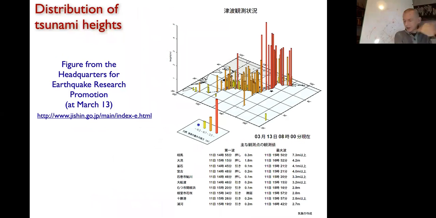Okay, starting from the collection of heights collected along the Japanese coast, the collective image in the days after that event, for example, here you see this sketch that has been plotted just a couple of days later. Let's say that they are impressive.